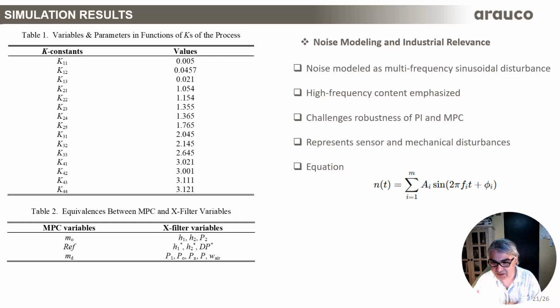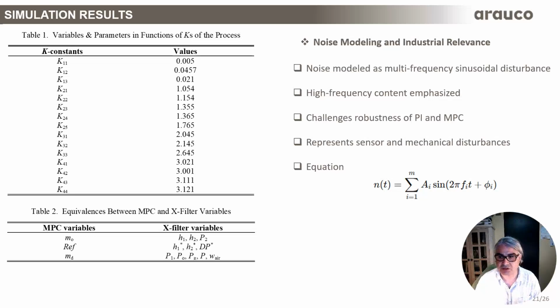Now, to realistically assess robustness, high frequency noise modeled as additive white Gaussian noise in per unit was injected, to represent mechanical vibration and external process perturbation typically observed in this kind of pulp mill.